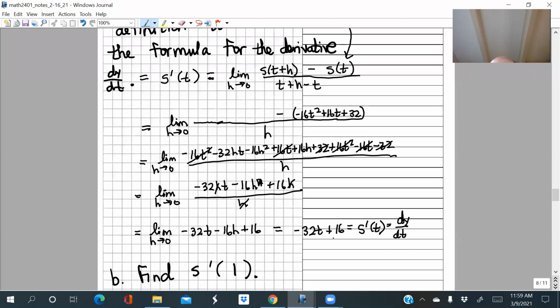All we have to do is plug it into this formula, and we'll know what the instantaneous rate of change is going to be. Or we'll also know what the slope of the tangent line is going to be, because that's the same as the instantaneous rate of change.